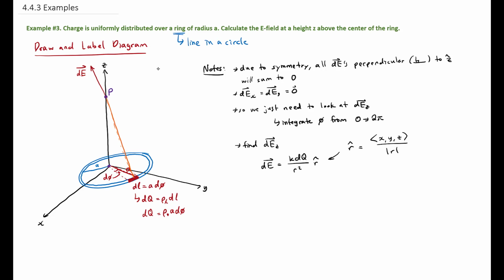So if we want dEz, we simply just need to grab the z component, which is going to be z over r. So we have k dq over r squared, and we have z over r in the z direction.